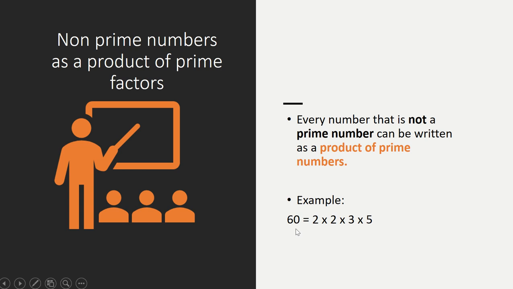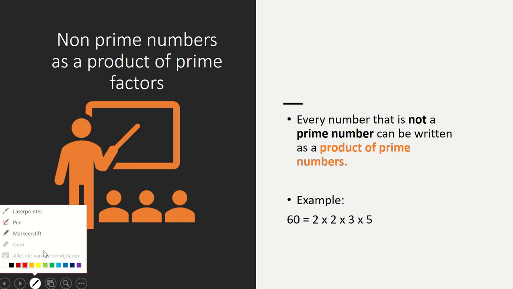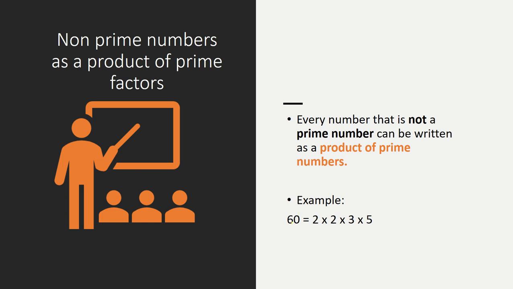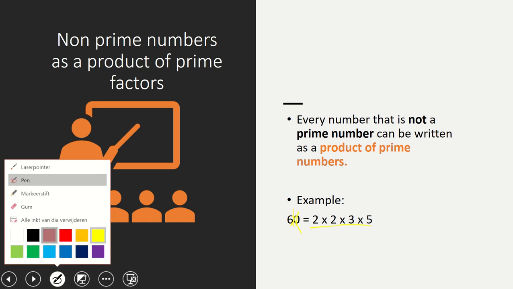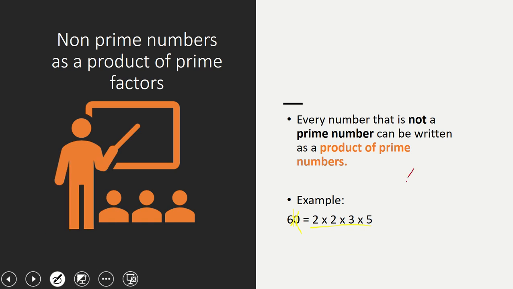So if you leave 60 away, so if you cross this out, then there's also written down 60 but then as a product of prime factors. The easiest thing to do is when you have 60, first divide it by 2. You will get 30.